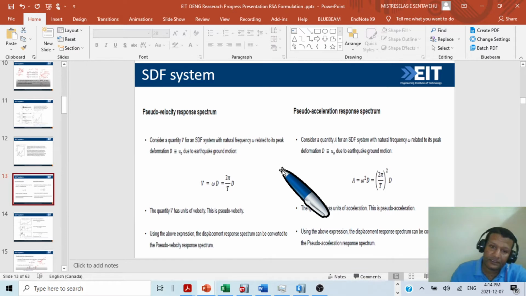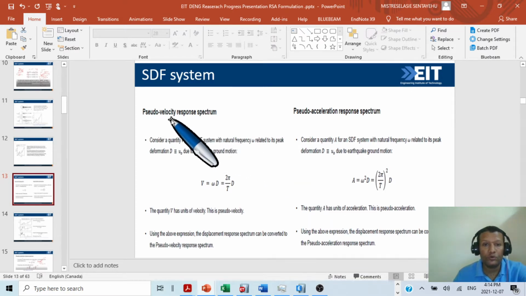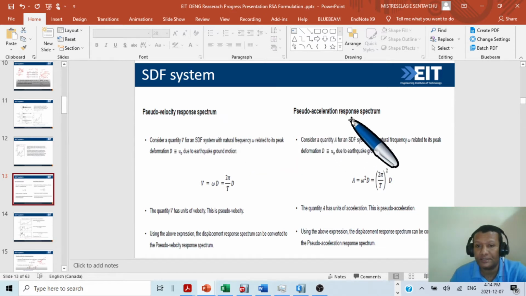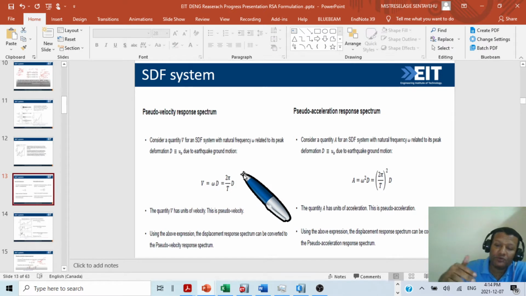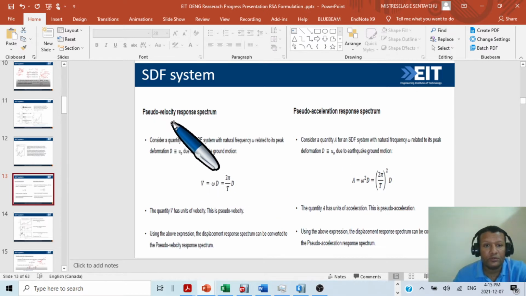Once we have our displacement response spectrum curve, we can change it into the pseudo velocity response spectrum and pseudo acceleration response spectrum. I am doing this because before we go to our analysis, we should revise this theoretical part very quickly, and then we can continue to our final work. For the pseudo velocity response spectrum, once we have our displacement, we just multiply it by omega.